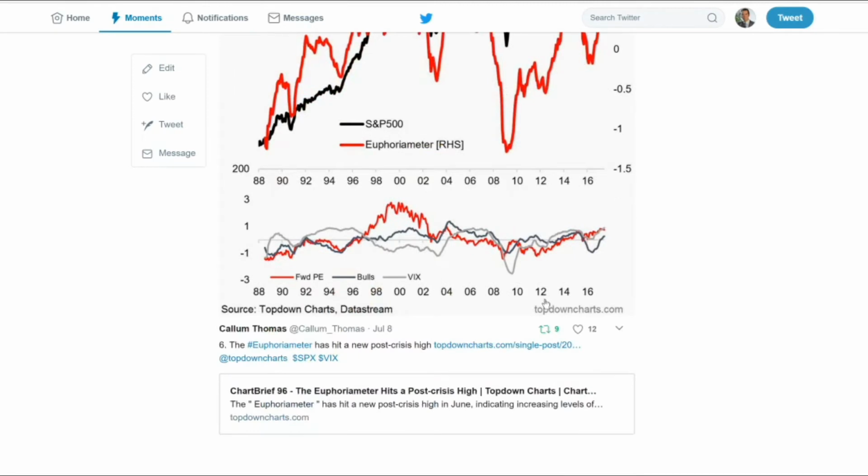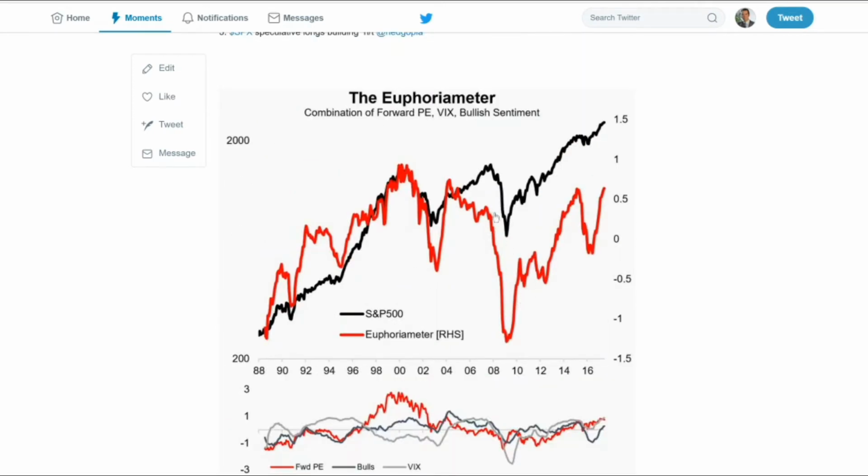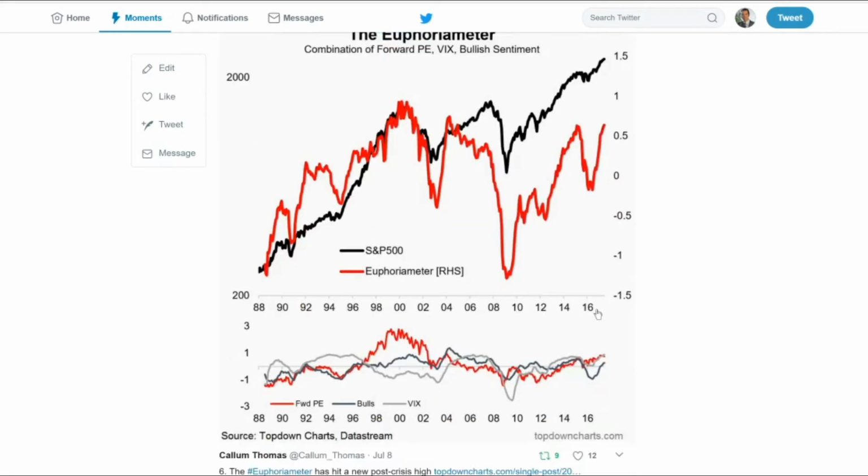Now, speaking of sentiment, here's one of my own, and this one I call the Euphoria Meter. This indicator is made up of three components: the forward PE ratio, the bullish sentiment readings from the Investors Intelligence survey and the AAII survey, and then the VIX.